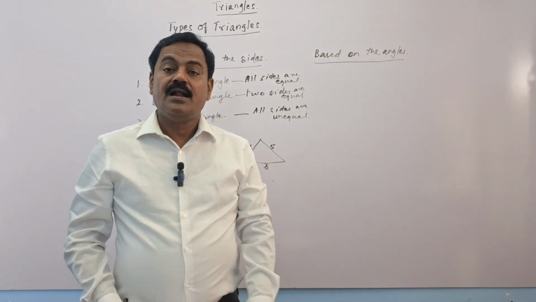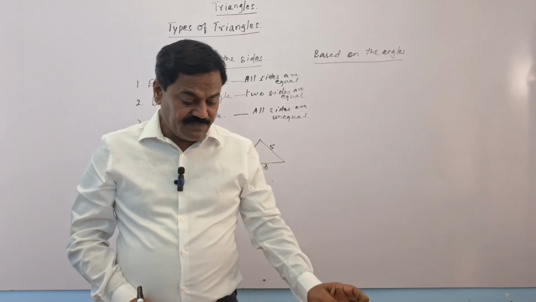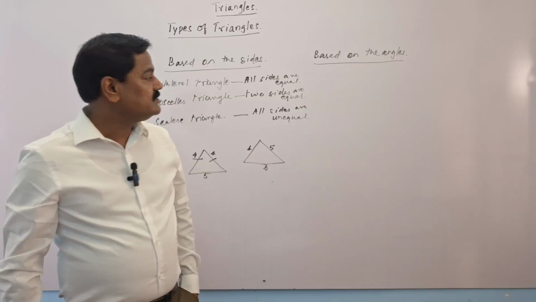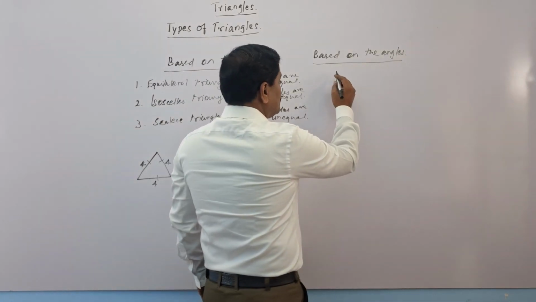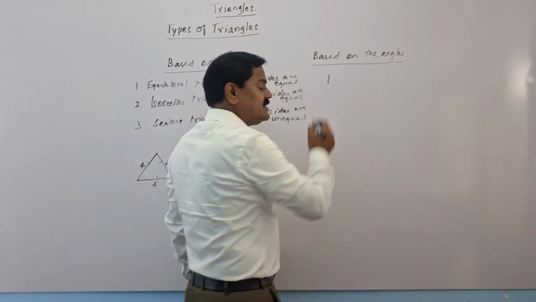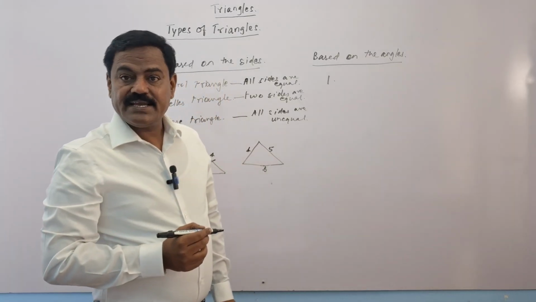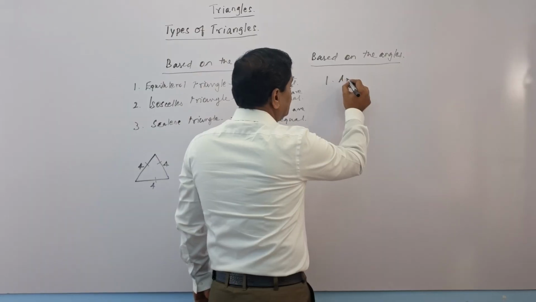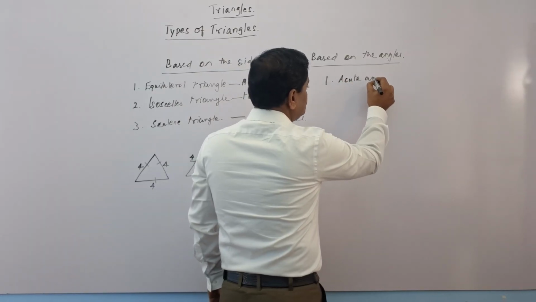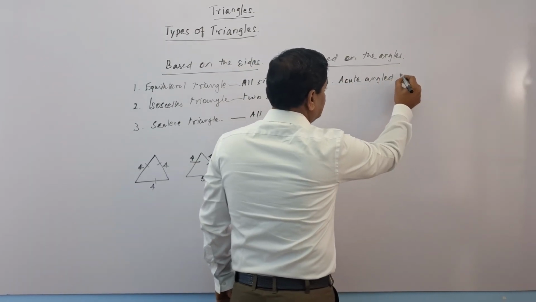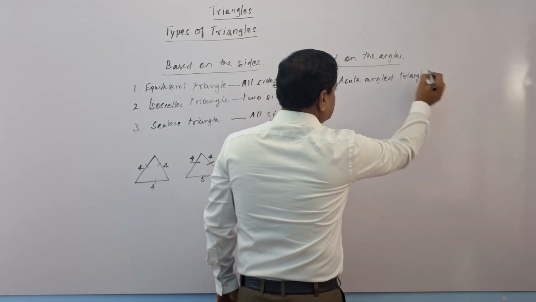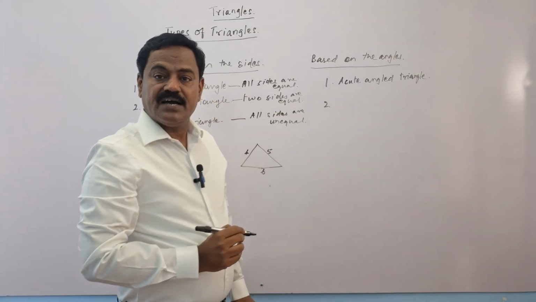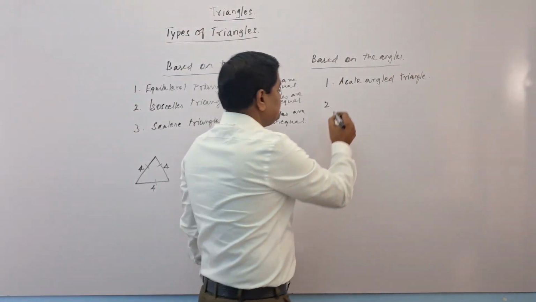Right, students? Now let us classify based on the angles. Based on the angles also, we classify triangles into three categories. One is acute angled triangle. Second one is right angled triangle.